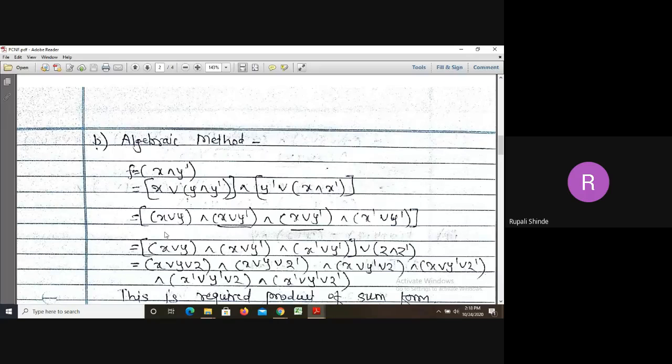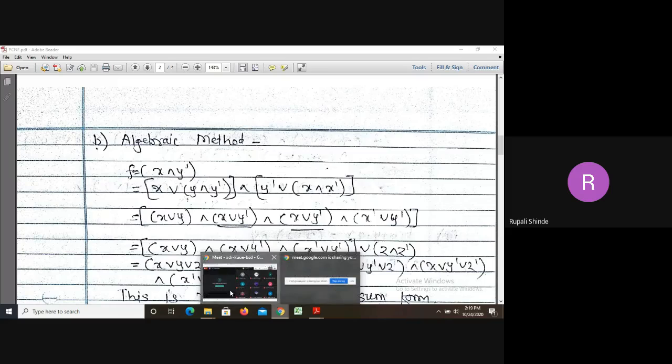Now for this whole bracket, we have to add the missing term and that term is z. So again, the format for adding a missing term is the same. Outside of the bracket, we should write or, and inside the bracket, we should write and. So z and z complement.